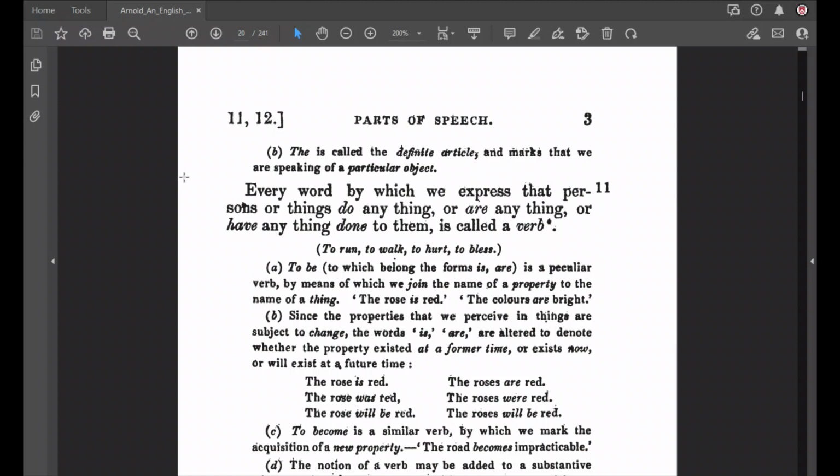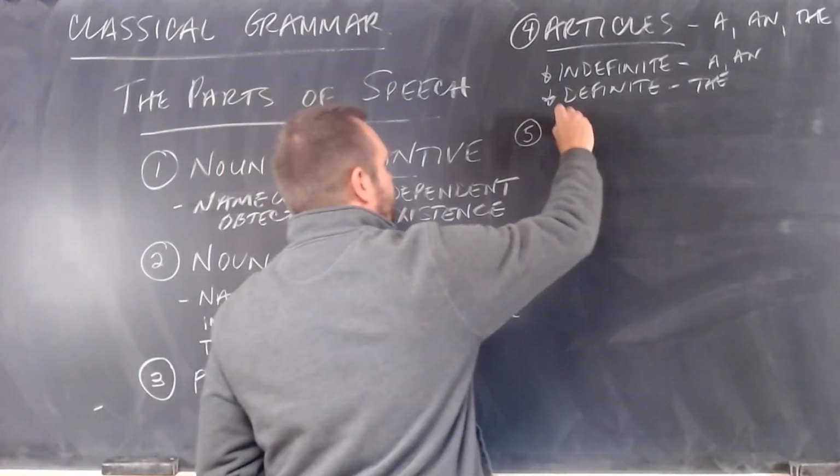Let's repeat that to make sure we get all the details. Every word by which we express that persons or things do anything, or are anything, or have anything done to them is called a verb. So the fifth part of speech is a verb.